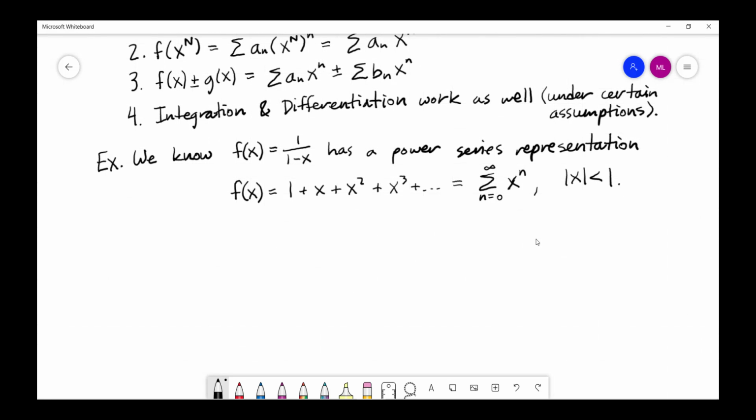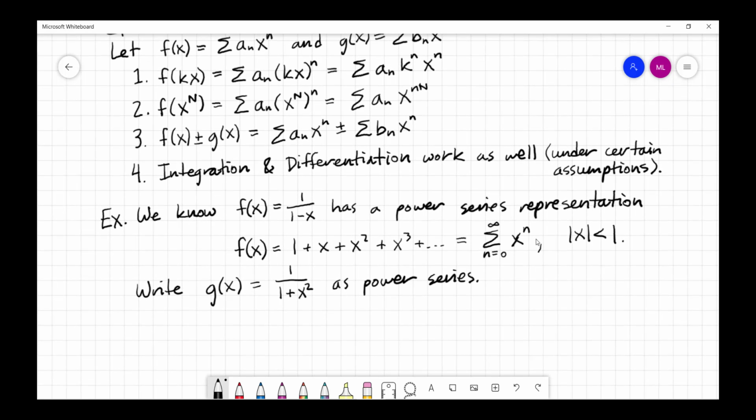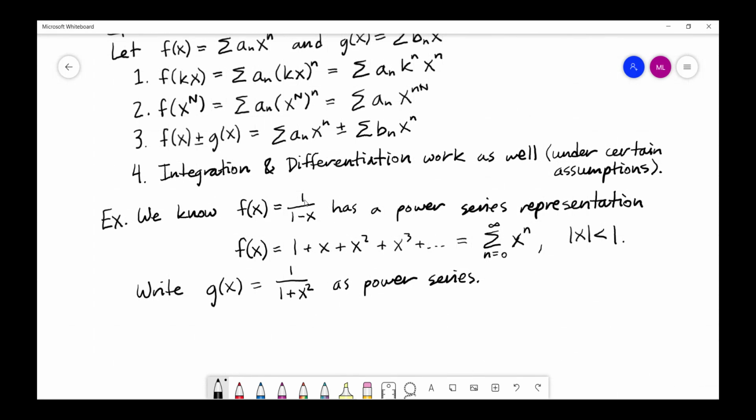What if we want to now write a new one? Let's call some new one g of x, which is going to be equal to, let's say, 1 over 1 plus x squared. I want to write this as a power series. Well, how can we do that? According to these properties up here, the difference between these two is that I've basically just modified what the term in the bottom right looks like.